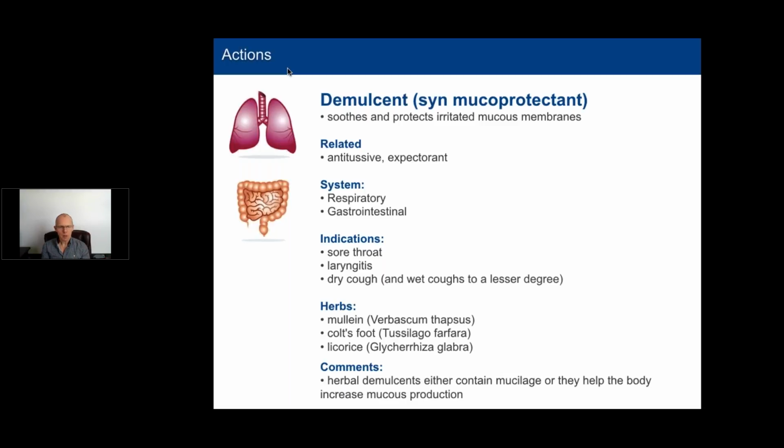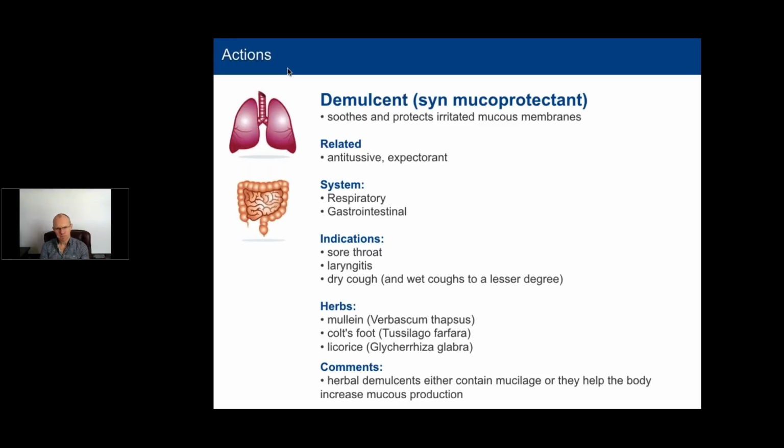Now, one of the things that happens is if you've got dry, irritated lungs and you take a demulcent, it'll stimulate the mucus production to coat them and decrease the inflammation. And that's a nice sort of soothing effect. Also, demulcents work as expectorants, and if you've got some mucus sticking in your lungs and you take a demulcent, it could actually increase the mucus production and help you cough out some of the phlegm.